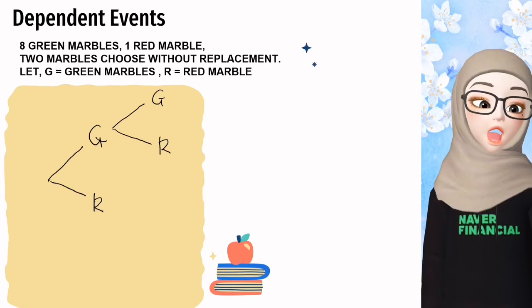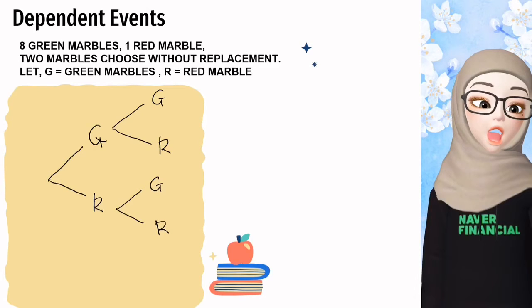And if we get a red marble on the first try, we can get another G and R for the second event.